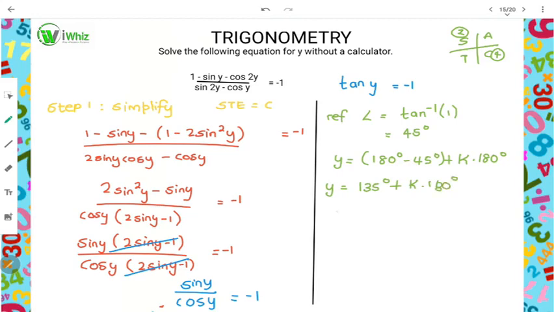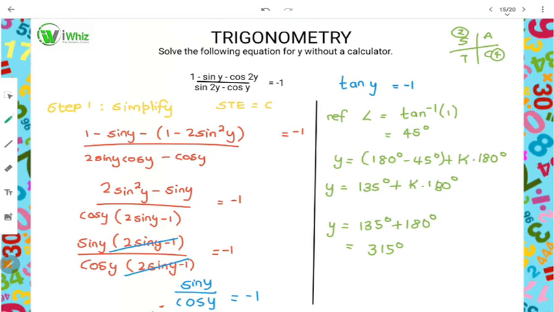We can note that k is equal to 1, y is equal to 135 plus 180, which will give me y equal to 135 degrees plus 180 degrees, which is equal to 315 degrees in the fourth quadrant.